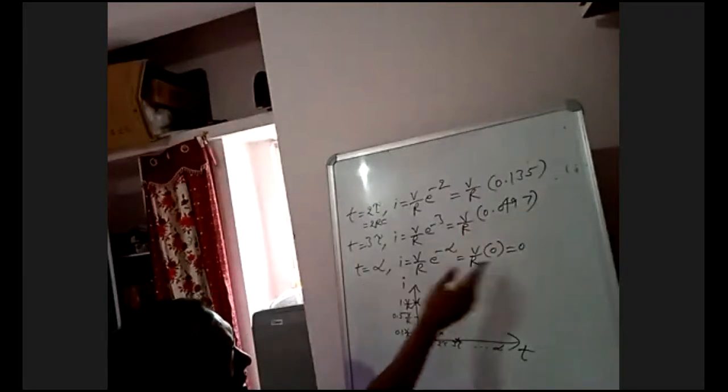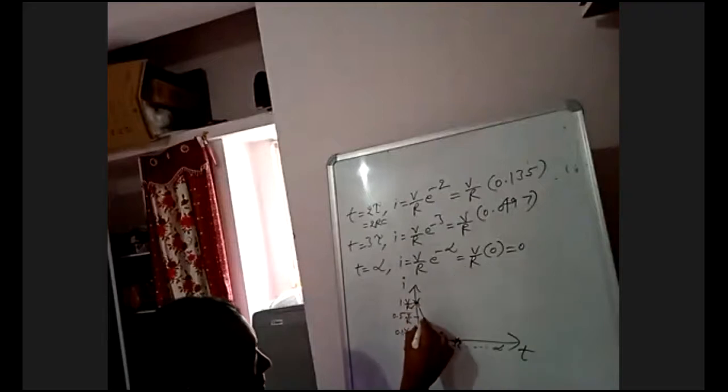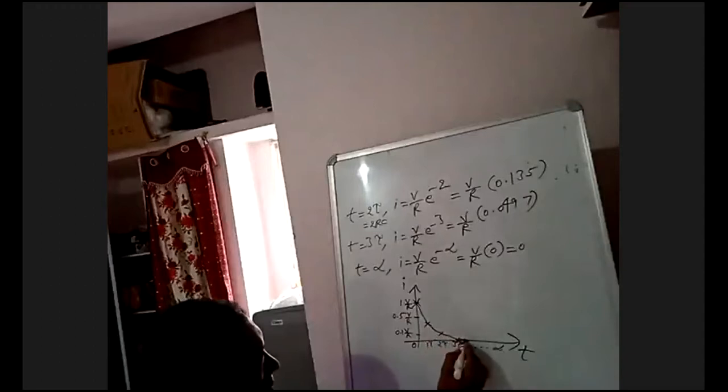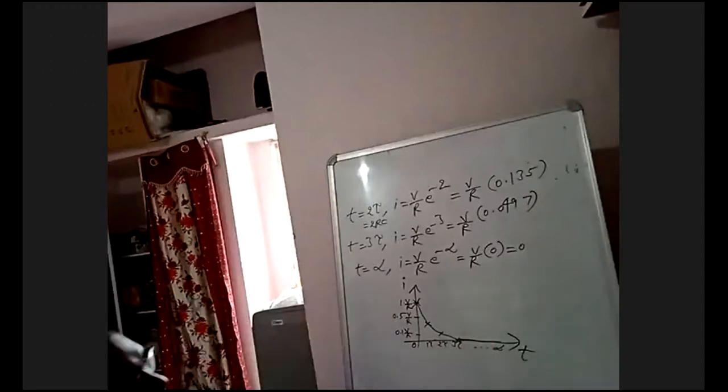After that, at t is equal to infinity, it is 0. So it is almost 0 after 3 time constants. This is the current transient curve.